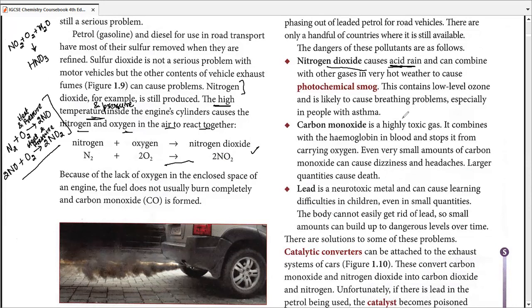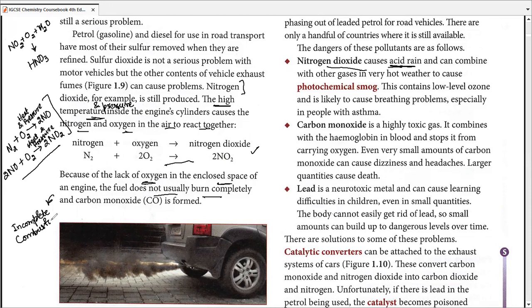This is not the only content of the vehicle exhaust that causes a problem. Since there is lack of oxygen in the enclosed space of the engine, the fuel does not usually burn completely. So there is incomplete combustion. I hope you remember incomplete combustion from chapter number 10 of the same book.